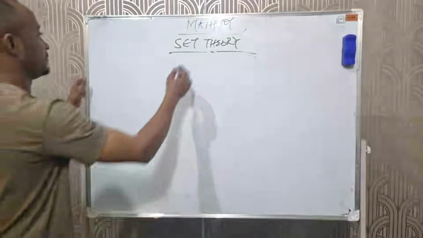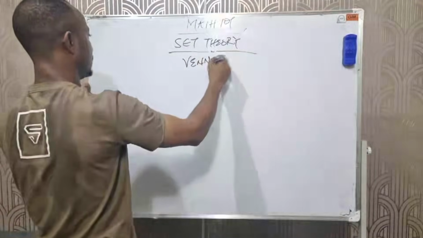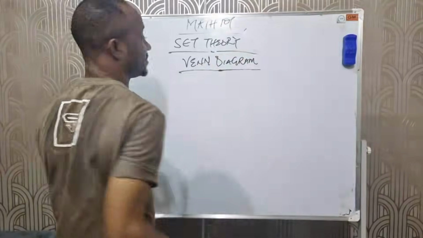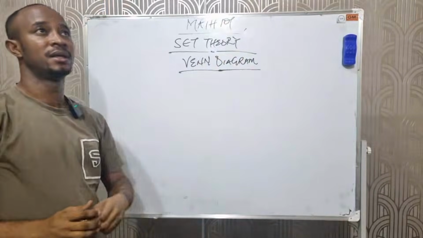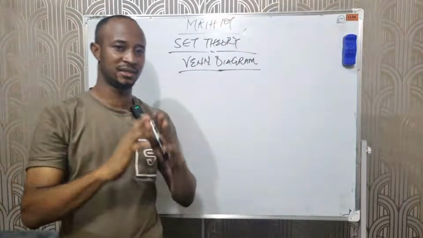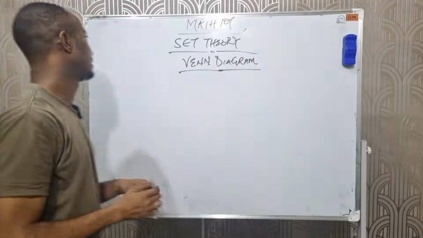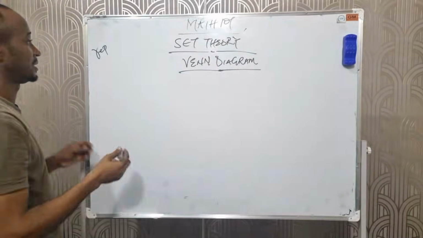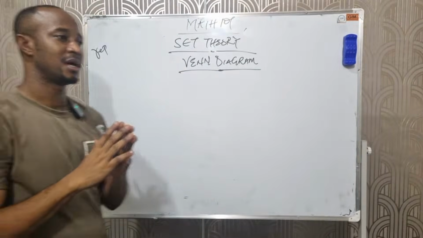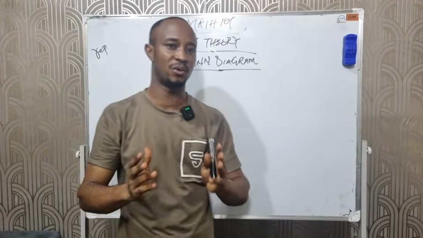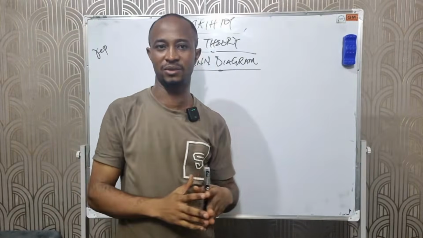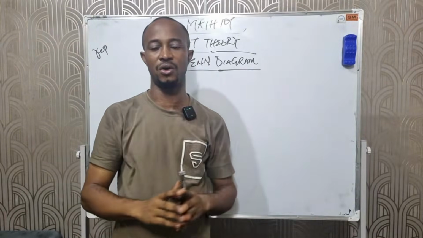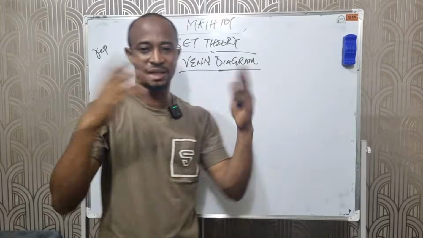Let's talk about Venn diagram. What is a Venn diagram? A Venn diagram is a representation of sets using a diagram, one that shows how two or more subsets are related or connected. A Venn diagram shows the relationship that exists between two sets, or three subsets, or more than three subsets.